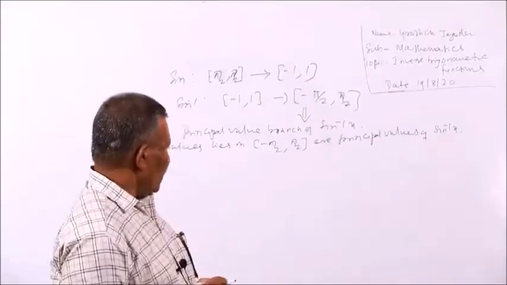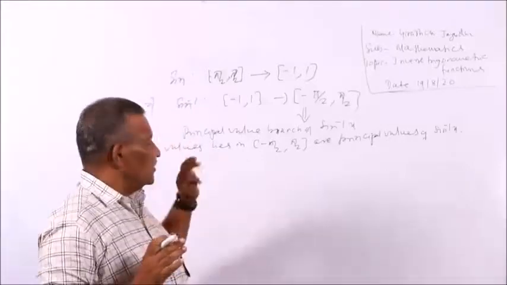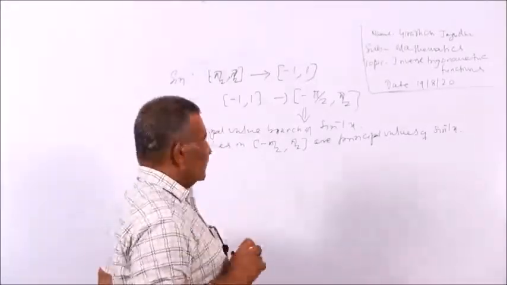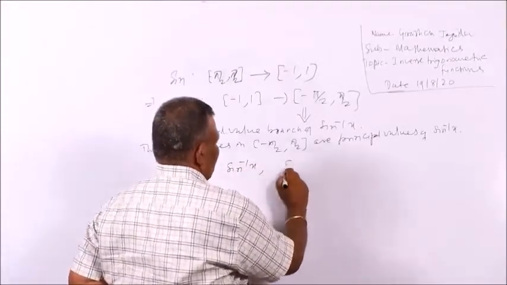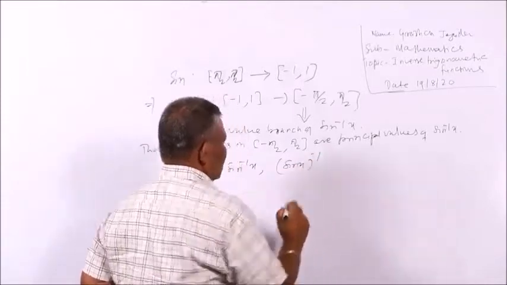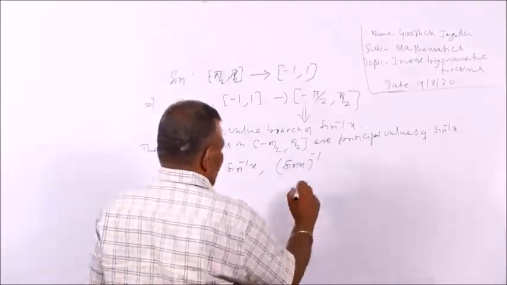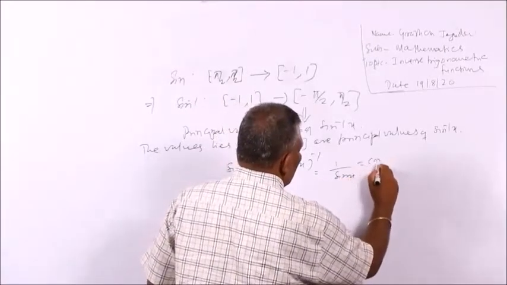So now I will write the inverse trigonometry functions. Here sin inverse x is an inverse trigonometry function. An interesting question will be asked to you. Suppose sin inverse x and sin x to the power -1. What is the difference between these two quantities? Sin x to the power -1 is 1 by sin x, that is cosec x.